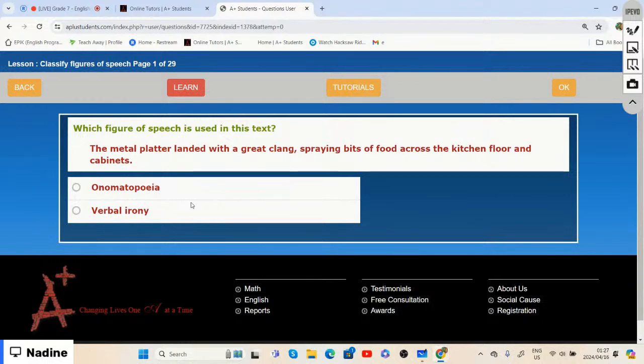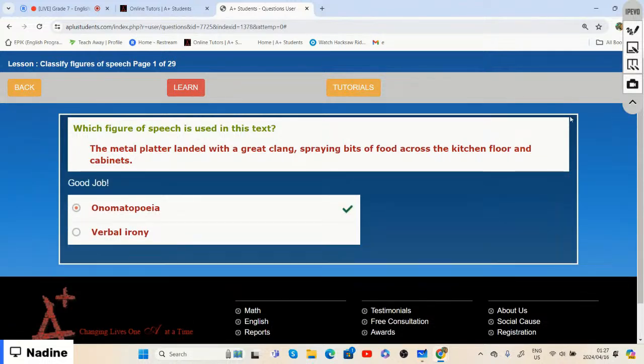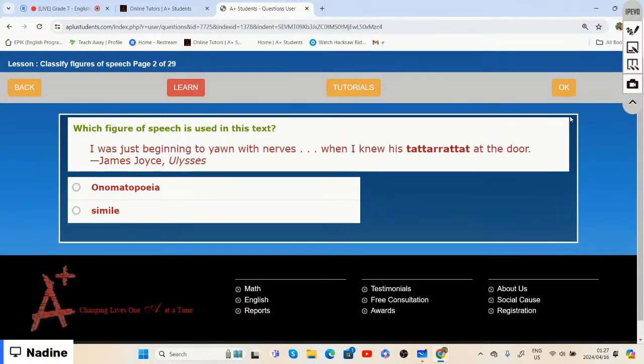So if we were to choose the correct one, we will say it is an onomatopoeia, because it is to do with sound.